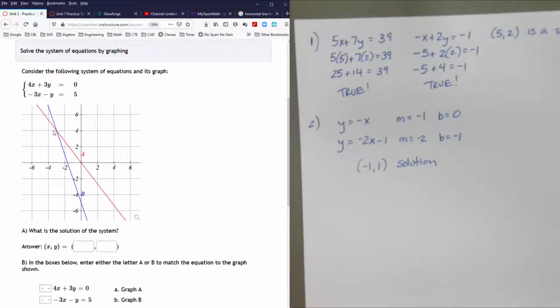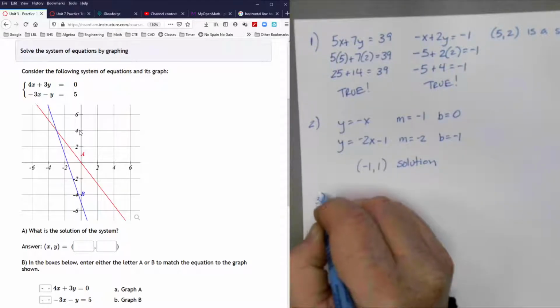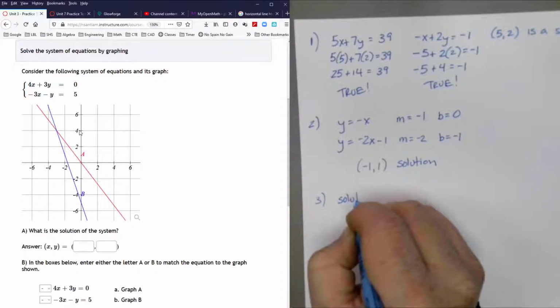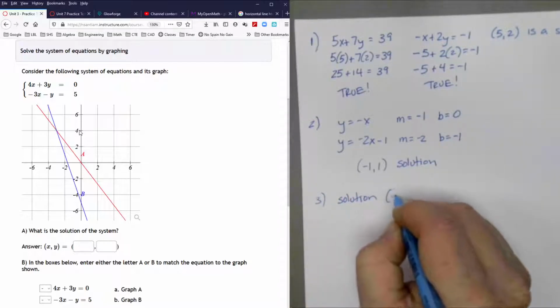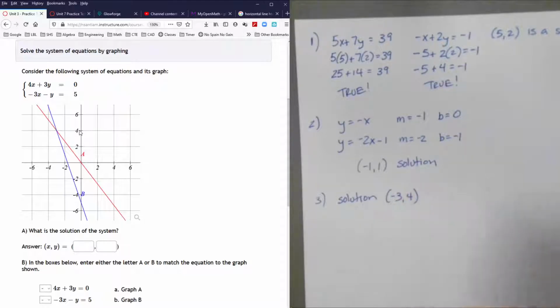And so if I look right here, it's this point right here, and that's a little hard to read. If I look here, each one of these is going over by 2. So this is 1, 2, 3. So this is negative 3. And then my y value is 4. So for number 3, I'd have a solution (negative 3, 4).